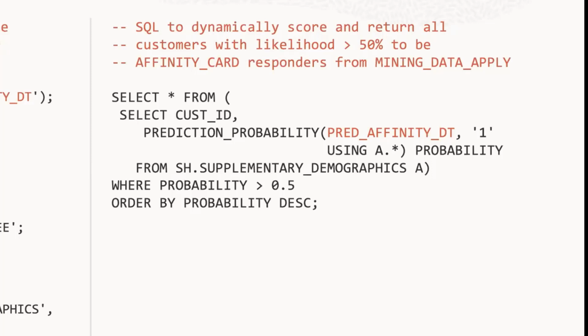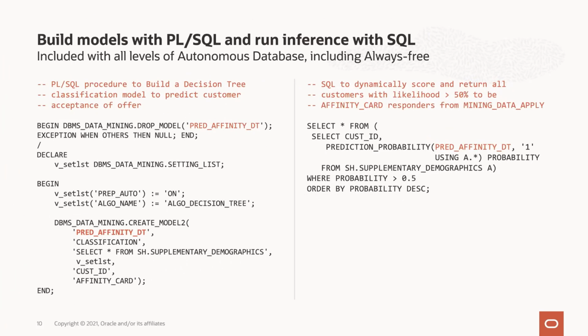Your application can call through JDBC to Autonomous Database, and you can get scoring in near real time. You'll get the scoring of the query and the response back at the time the database takes to score that, and normally it's going to be pretty fast. Okay, let's take a look at a quick demo of that.